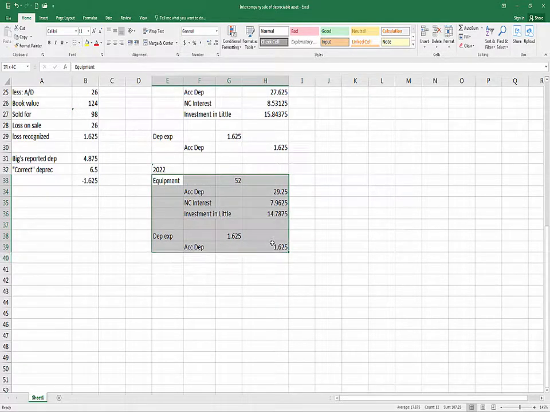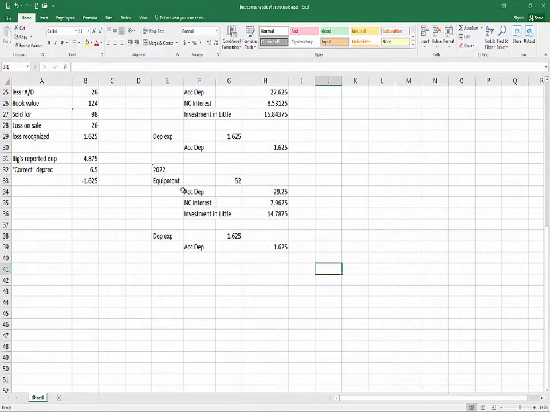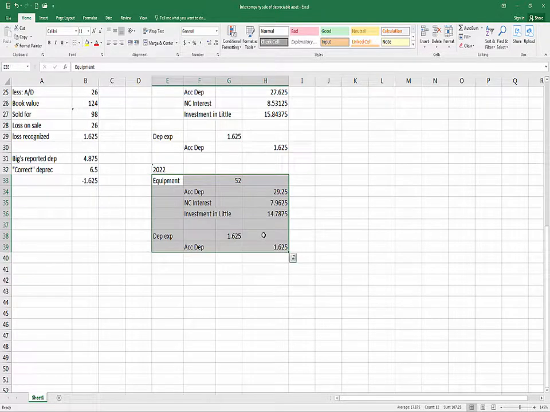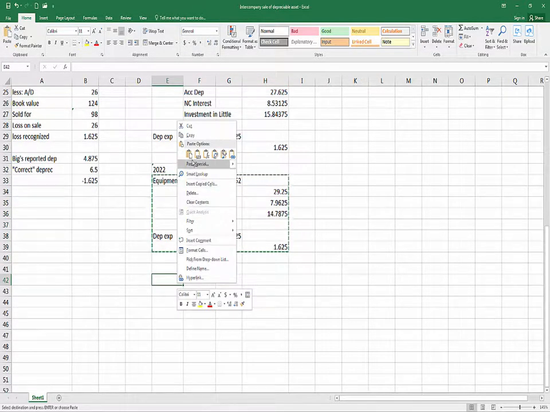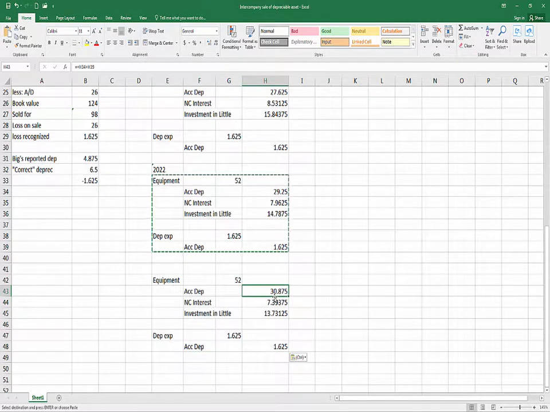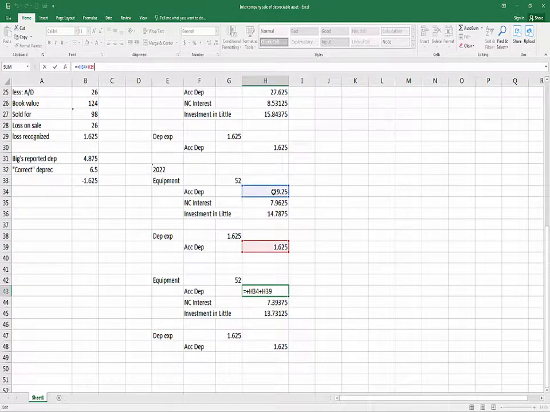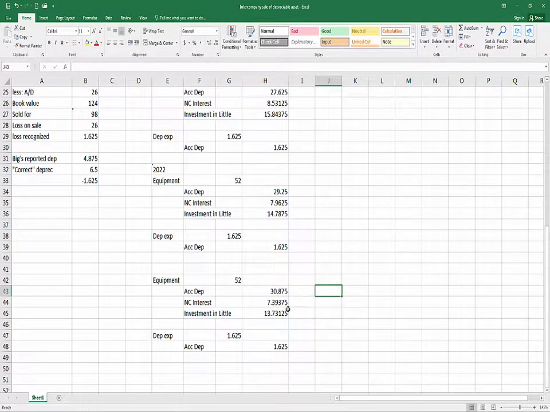So we're getting a special added bonus, 2023. Again, accumulated depreciation, we're carrying forward what we had from last year. 29.25 was last year's amount we carried forward plus what we added. This is going to be the difference being split 65-35 between the parent and the non-controlling interest, and then we do another year's worth of recognition of the loss.